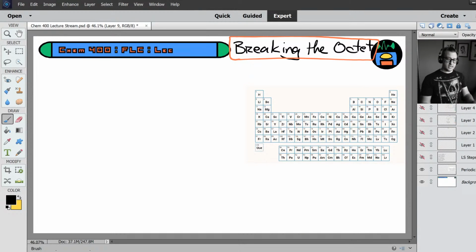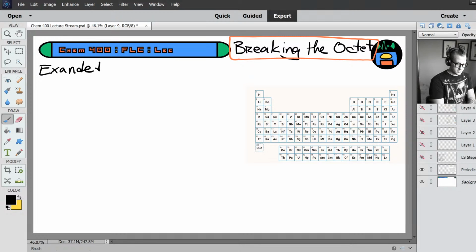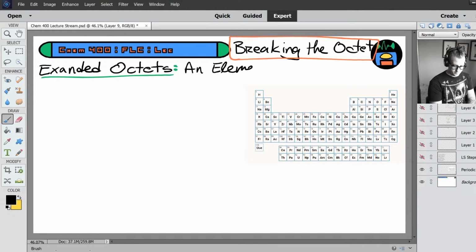But what's far more common is what we call expanded octets. When we talk about an expanded octet, we're talking about an element with more than 8 electrons in its valence.